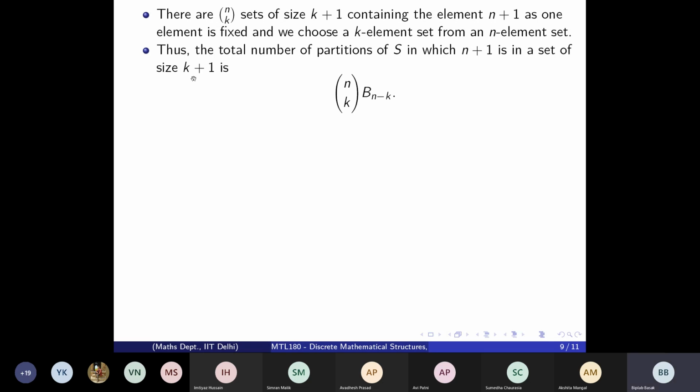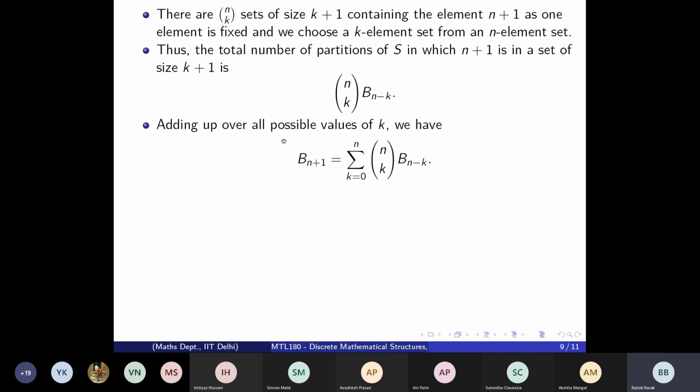But k is not fixed, k varies from 0 to n. So by adding all possible values of k, we have B(n plus 1) equal to this.